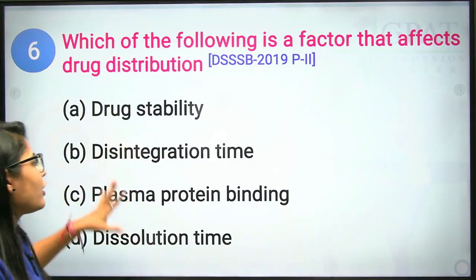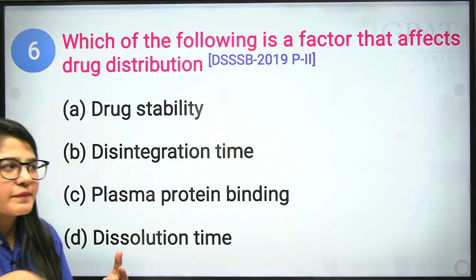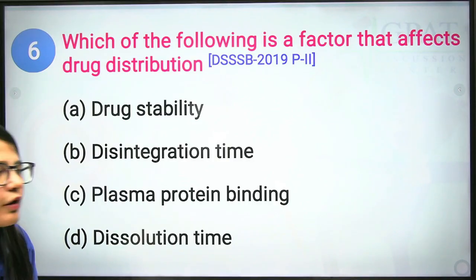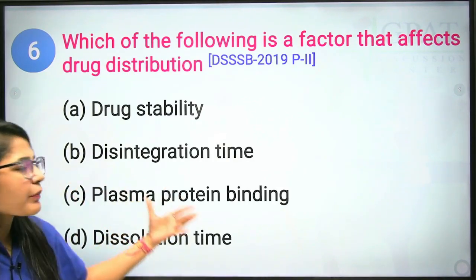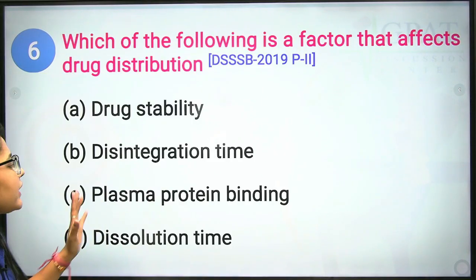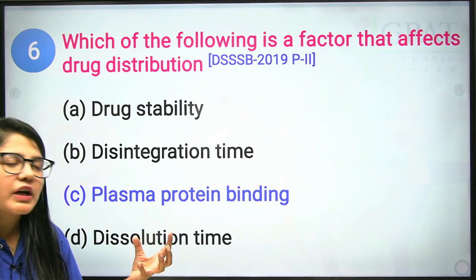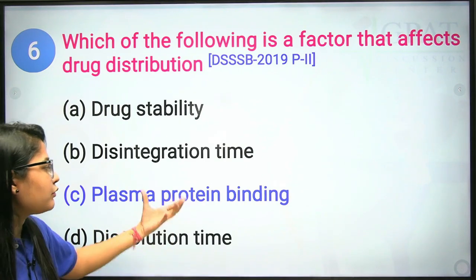So this is wrong. Disintegration time is related to absorption, how fast the drug tablet breaks down for your absorption process. Next we have plasma protein binding. Yes, the correct answer will be plasma protein binding. It affects how much of the drug stays in the blood versus goes into the tissue.